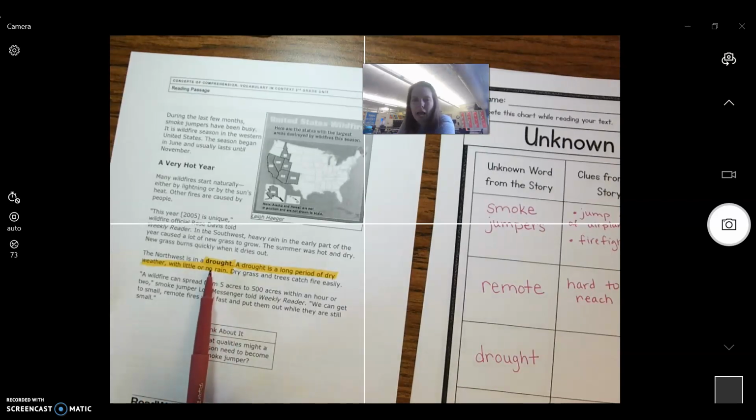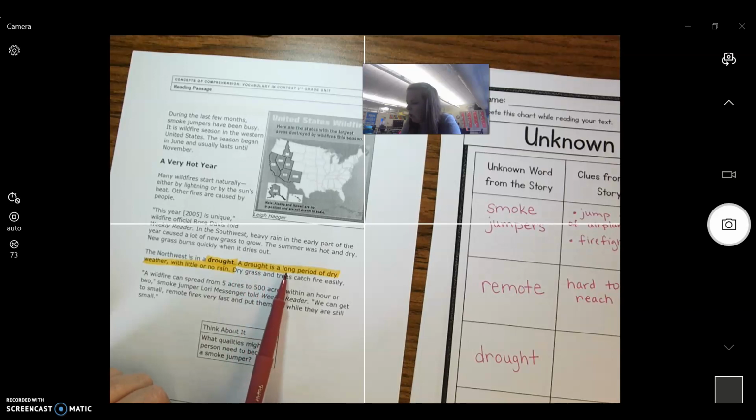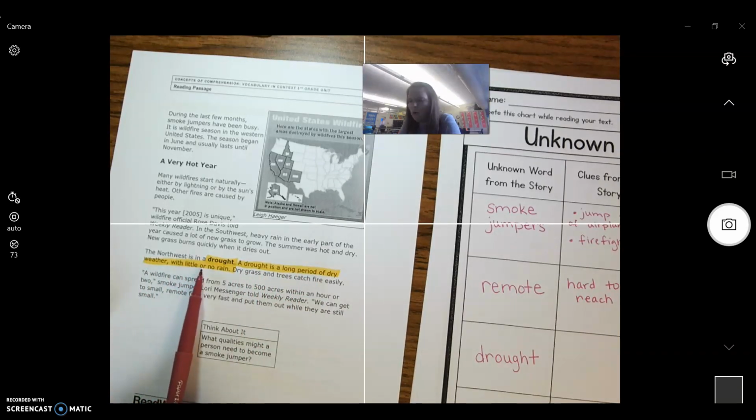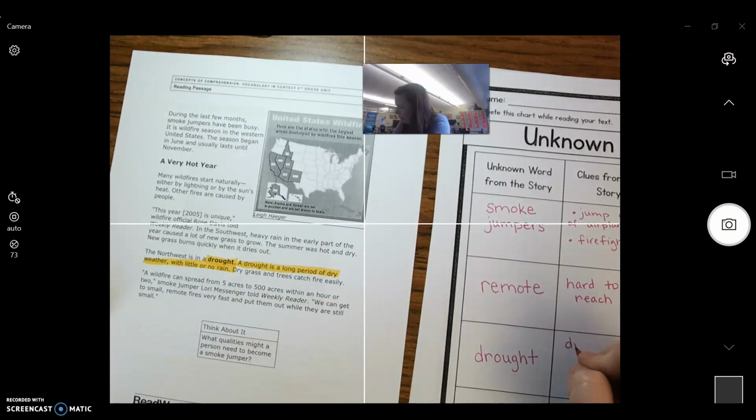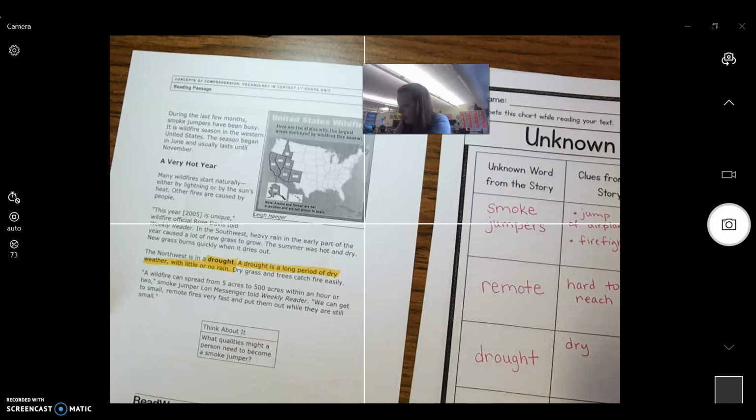Miss Esther has highlighted our word. Let's read this sentence now. A drought is a large period of dry weather with little or no rain. So I see the words dry. I see the words no rain.